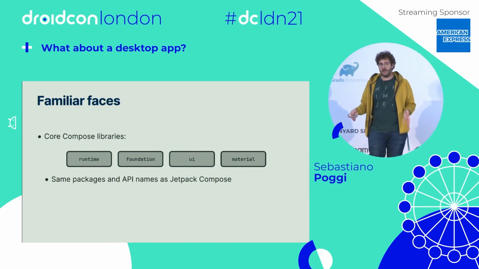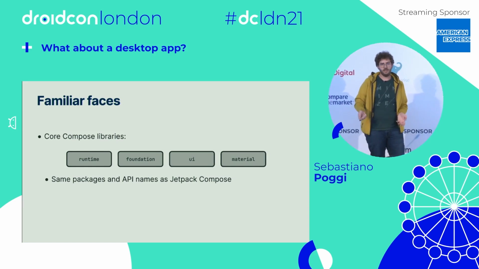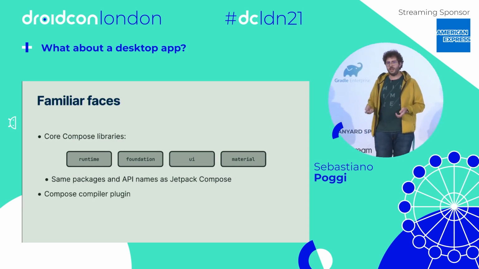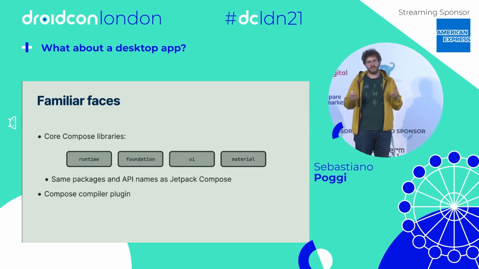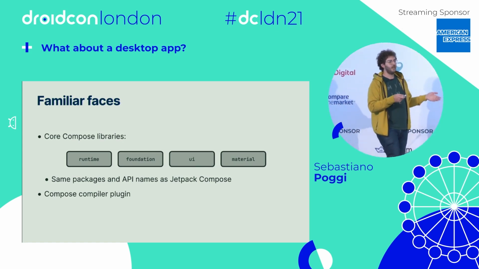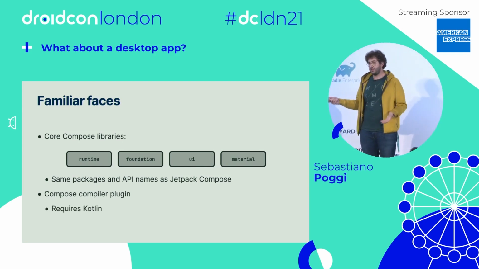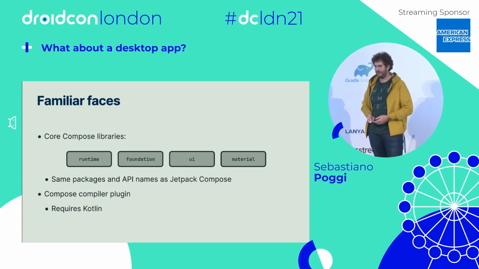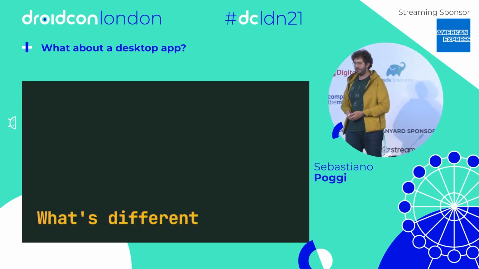They are the same packages and the same API names as you get on Android, which is convenient because it makes your life a lot easier. On the other hand, it's a bit weird to see Android X on desktop code, but there is also the same concept of a compiler plugin for the Kotlin compiler, which, in case it wasn't clear, it means that you need to use Kotlin. You cannot use Java for that. It's kind of like a duh, but worth pointing out.